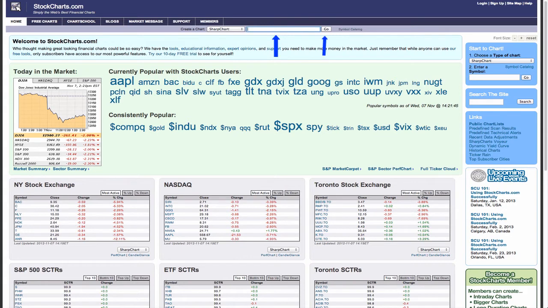Click on the drop-down menu. The next type of chart is PNF chart. Click on that, and then in the box that says Enter Company Name or Symbol, go ahead and enter the symbol of American Funds Growth Fund of America, which again is AGTHX.